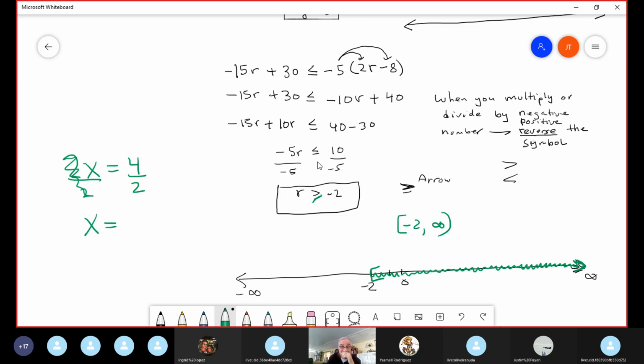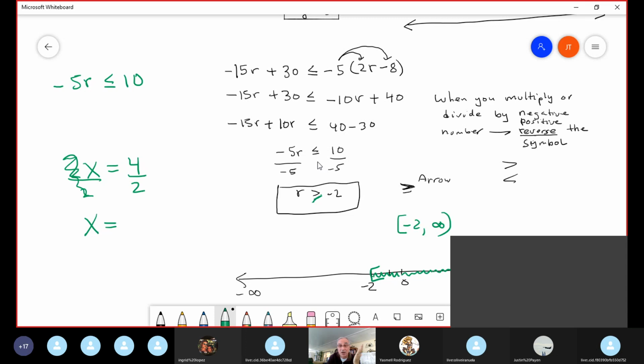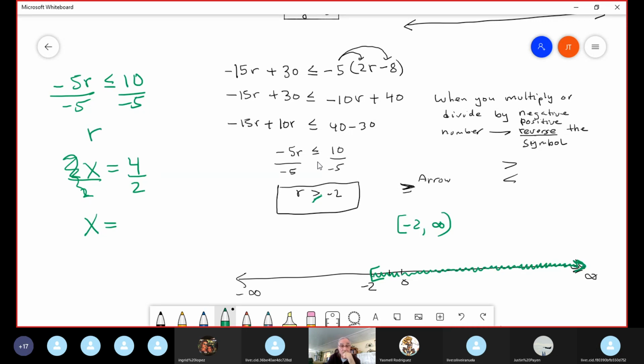In this specific case, negative 5R is greater than or equal to 10. I want to isolate R, R alone, divided by negative 5. But the new complication is that when you divide by a negative number, you have to reverse the sign. It does not stay the same. It's reversed. Minus 2. More clear now? Yeah. Super.